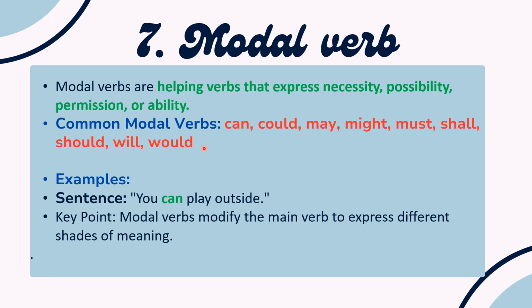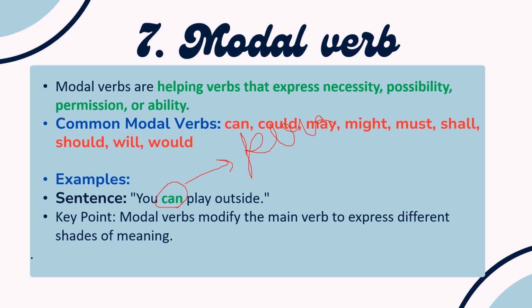How can we use it in a sentence? Like this sentence, you can play outside. So here can is the modal verb, and what is this can expressing? Can is expressing here the permission. It is giving you the permit that yes, you could play outside. So it is the modal verb.